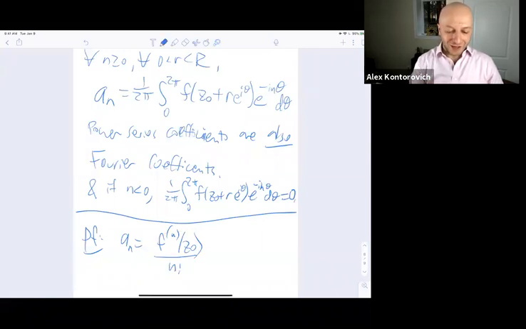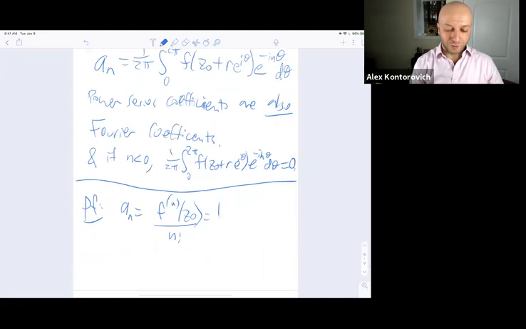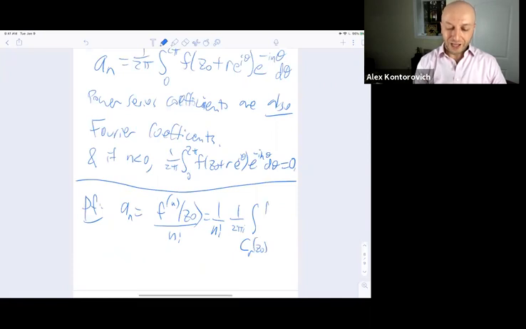But now let's apply. So I have a 1 over n factorial, and I have a formula, the Cauchy integral formula, for the nth derivative. That's 1 over 2 pi I, integrate over a circle of your favorite radius r, about z0, and f of w over w minus z, now to a power which isn't just 1, but n plus 1, that's what will get us the nth derivative, dw.